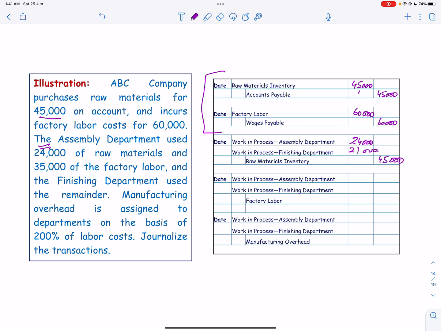You can see that this amount is the balancing figure. 45 minus 24 gives us 21. Then for the factory labor, it is 35,000. So work in process assembly department is debited by 35,000. You can remember that factory labor was 60,000. So the balancing figure for finishing department will be 25,000.